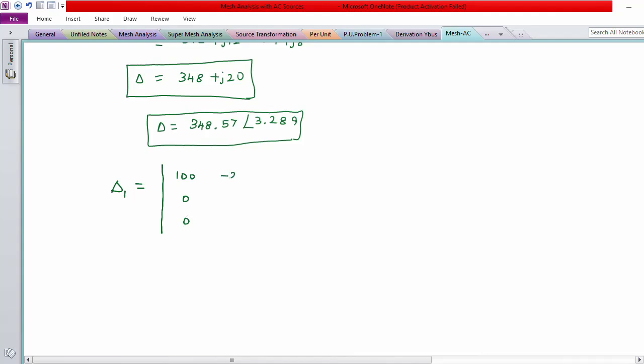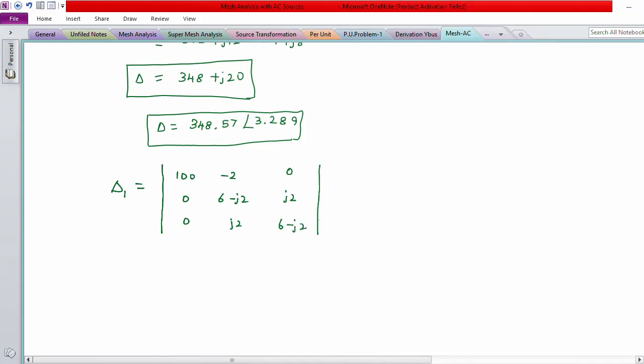Then we keep the second column and third column as they are: minus 2, 6 minus J2, J2, 0, J2, 6 minus J2.